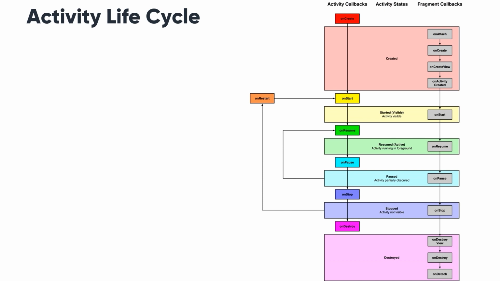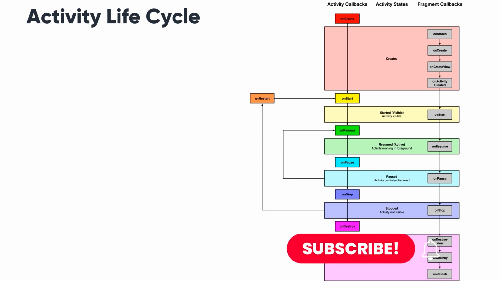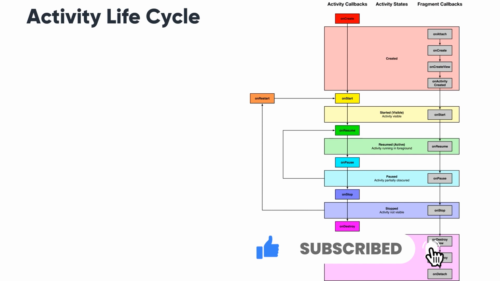So, an activity is a single screen in Android. It's like a window or frame in Java. With the help of an activity, you can place all your UI components or widgets in a single screen.